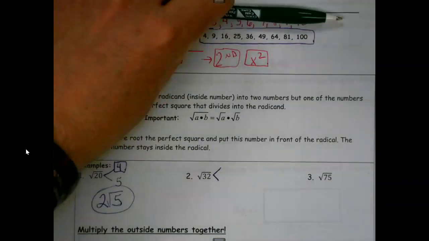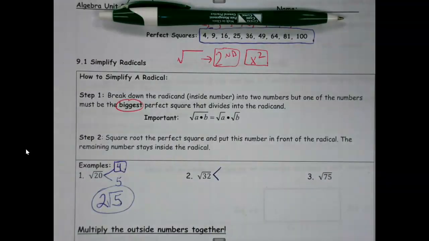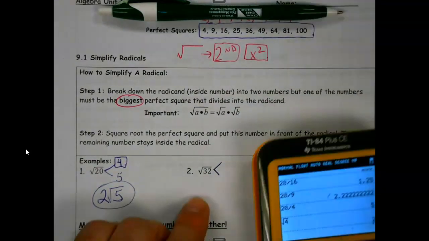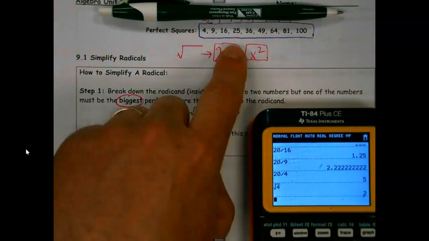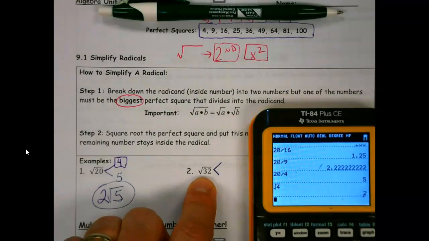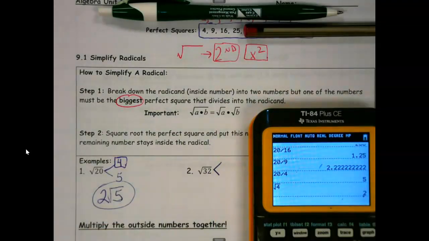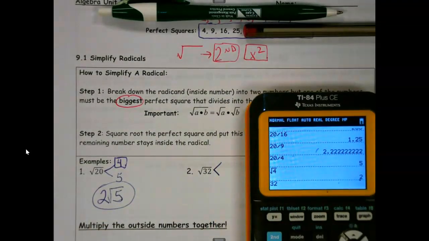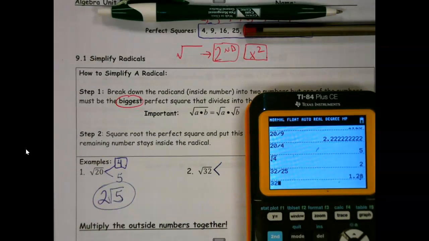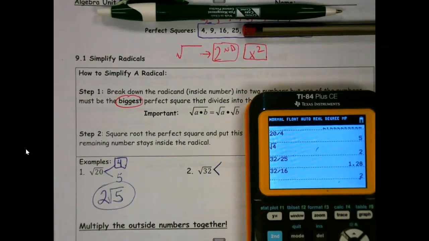Again, let me get rid of these for a minute so we don't get confused. So we're looking for the biggest number in the list. Now, it's got to be less than 32. So we'll cover those up too. We're just going to start dividing those numbers in the box in until I get one that goes in nice.